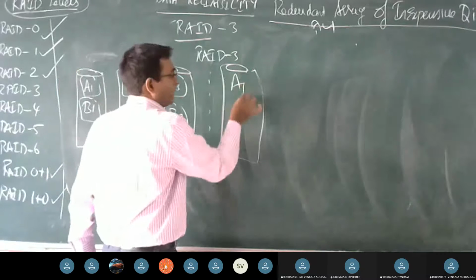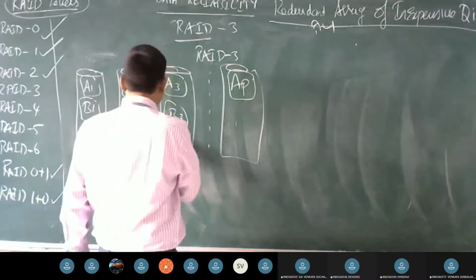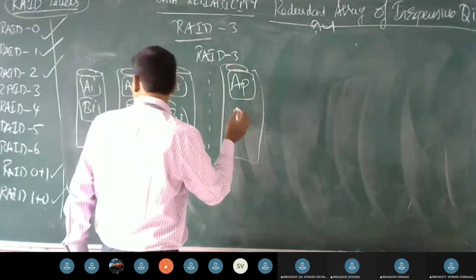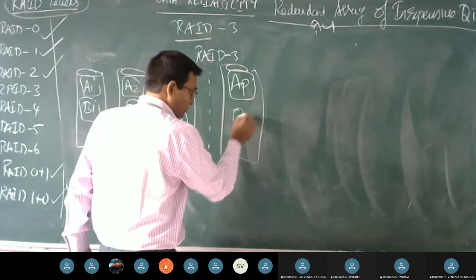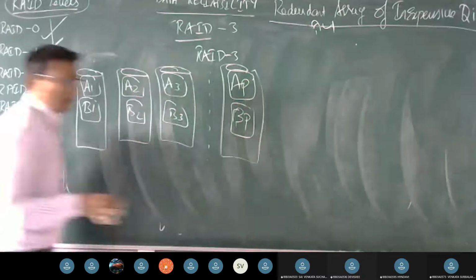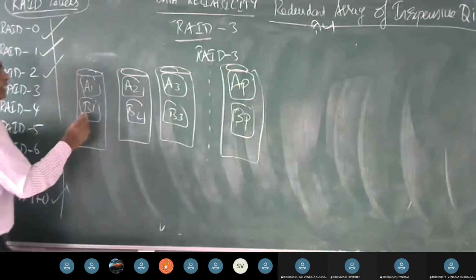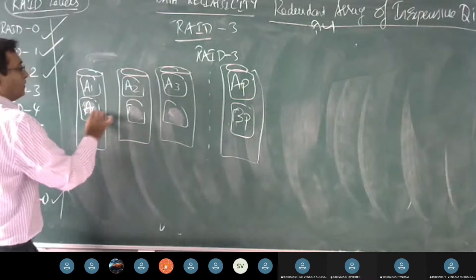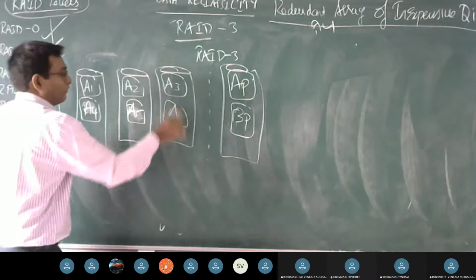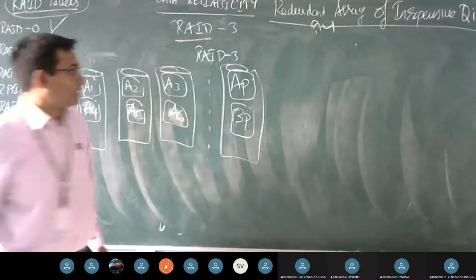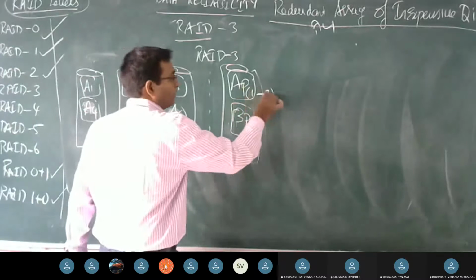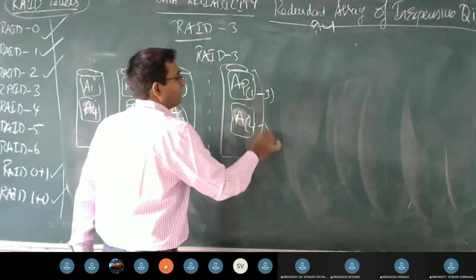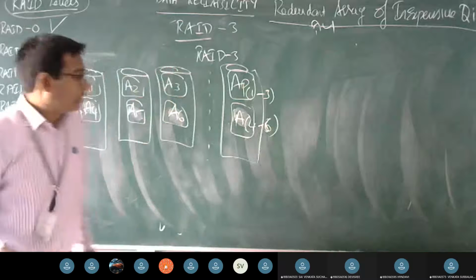Now we have a parity bit called AP. Similarly, if I use the values A4, A5 and A6, in this case it is parity bit for 1 to 3, and these are parity bits for 4 to 6.